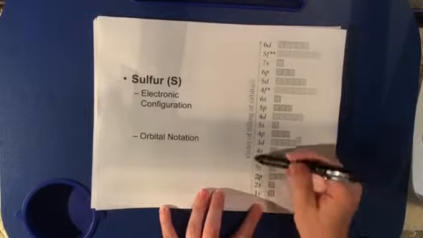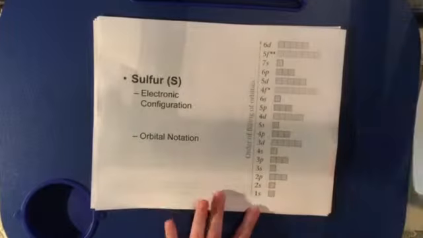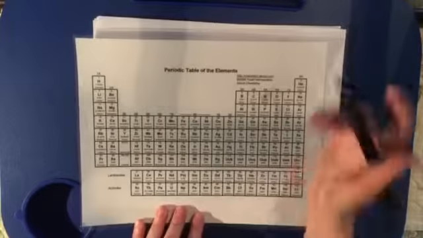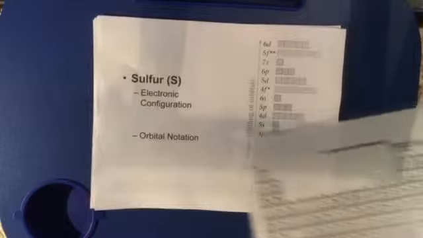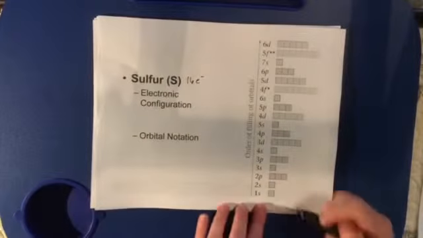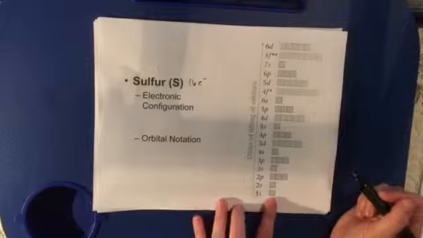And so here, an order of filling shows you the order that these are filled. And so we're going to start with sulfur. Sulfur has 16 electrons. So we're going to just start filling for electron configuration.